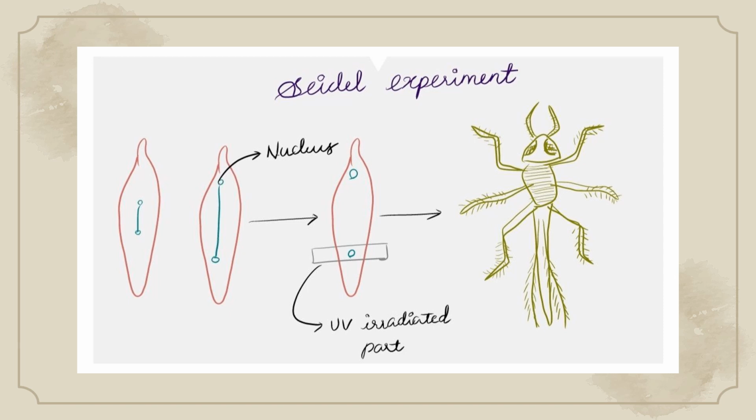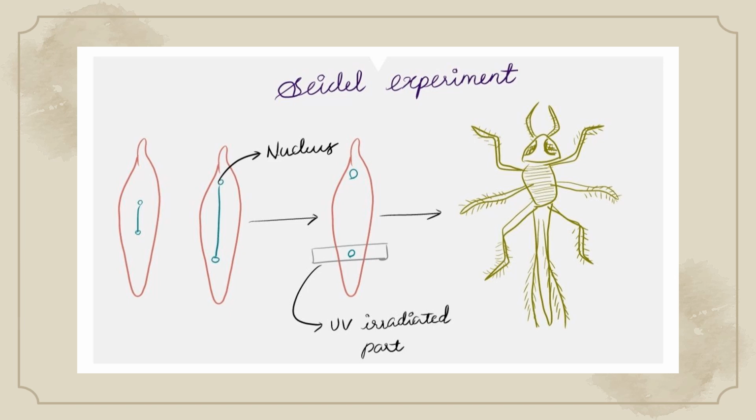What he did was insert a UV irradiated plate at the posterior nucleus, and then it got destroyed. Now only the anterior nucleus is present in the cell, and this anterior nucleus further divides and does its same job, that is, it takes care of the anterior part. But what happens here is that the anterior nucleus is also capable of inducing division in the posterior part.